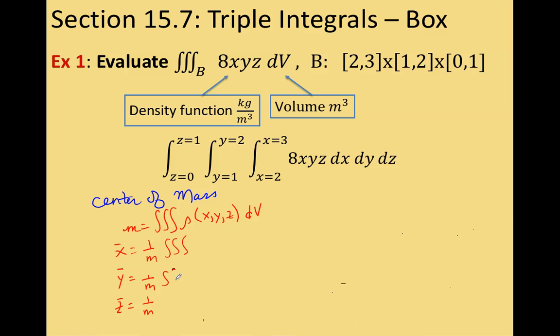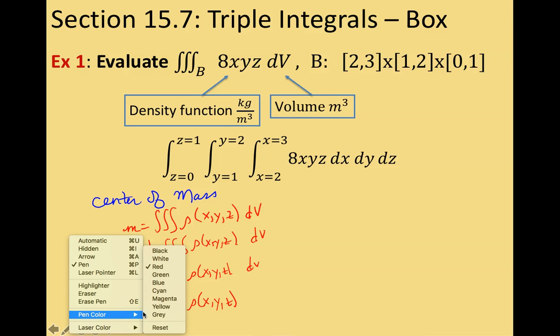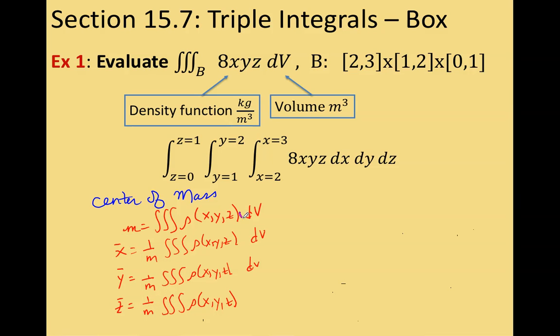Same triple integral, same limits, same rho. But the x bar is going to have an extra x, y bar is going to have an extra y, z bar is going to have an extra z. Oh, I forgot my dv on that last one, didn't I?